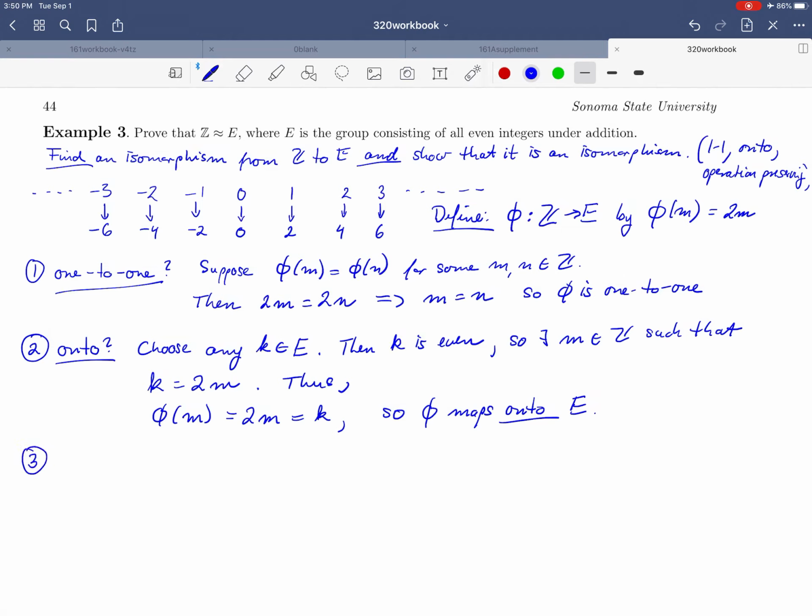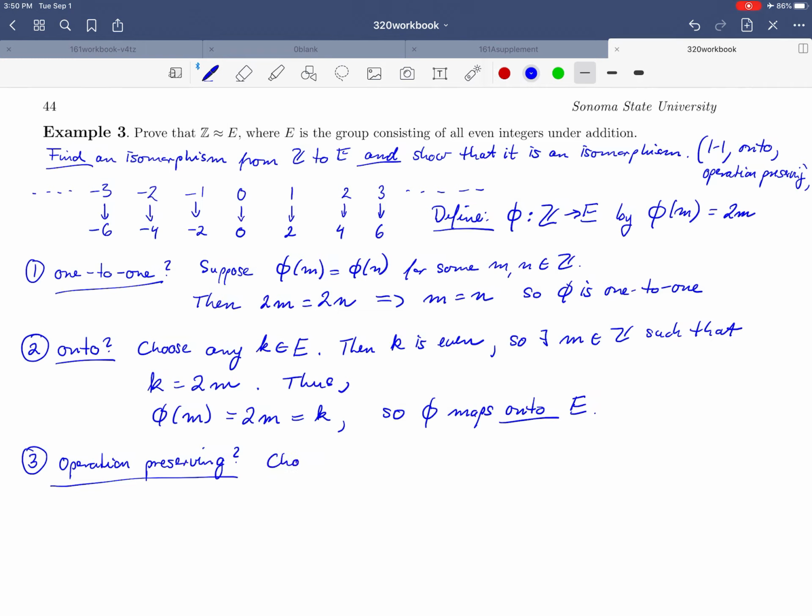Last thing, does it preserve the operation? So is it operation preserving? Okay, for that we have to choose any 2 elements in Z and then apply the group action in Z, apply phi, and compare what happens if we first apply phi and then apply the group action.